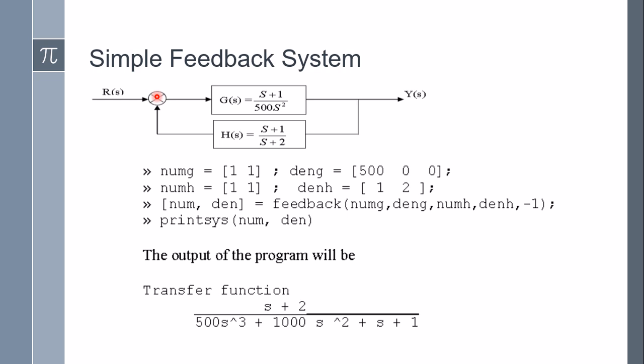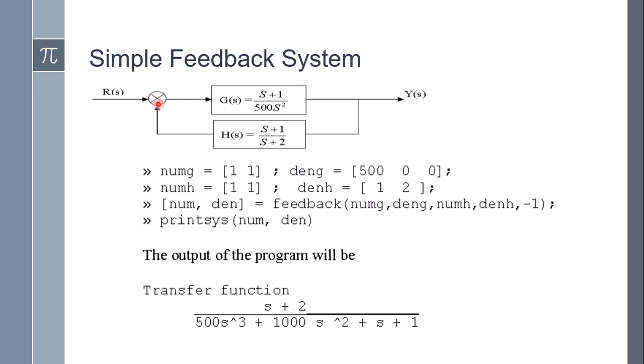Normally, both the signals are either additive, or the difference is going to be available at the output, and that is indicated here. For an example, if R of S is given to the plus and the feedback input is given to the minus, then I will get R of S minus the output of this feedback path.